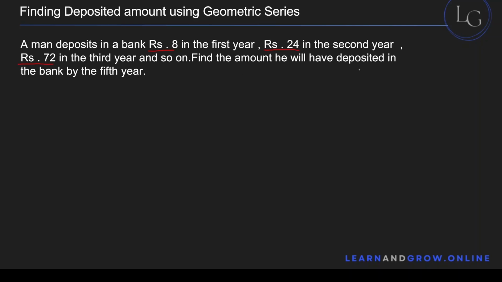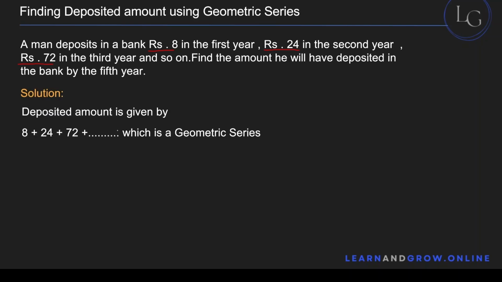Find the amount that you will have deposited in the bank by the fifth year. So the deposited amount is given by this series, because the first term is 8, because that's the deposit amount in the first year, 24 in the second year, and 72 in the third year, and so forth.